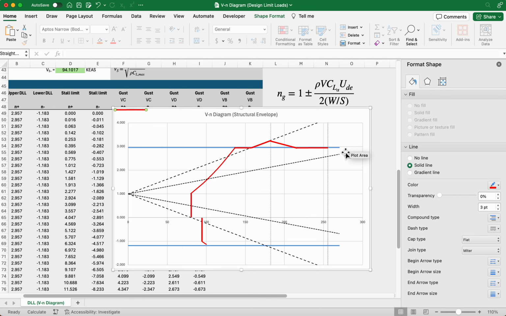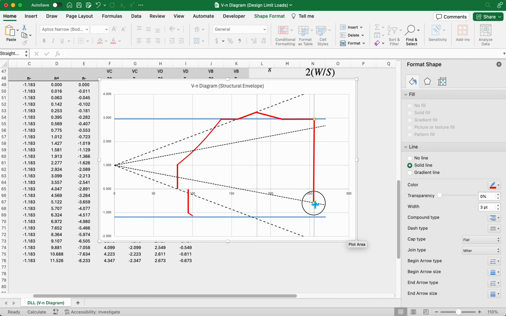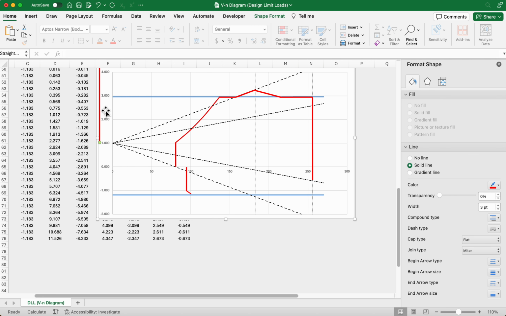From our dive speed, we'll work our way around. We'll come straight down to our lower dive speed limit, which is down here. And then from this point, we can have another connection, a straight line going from here to the intersection of our gust and our cruise.